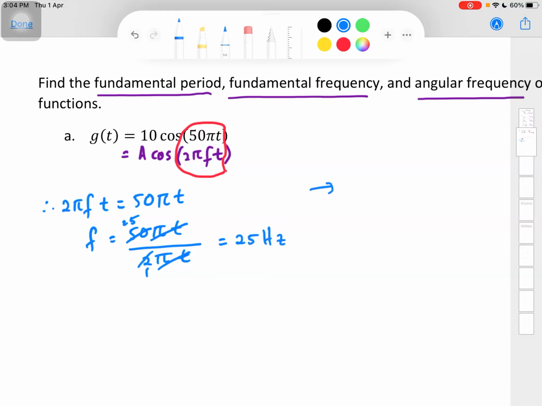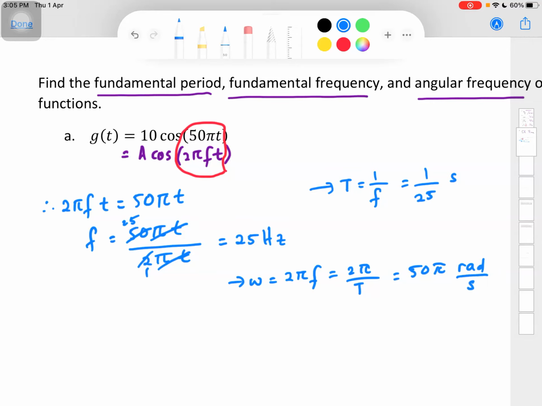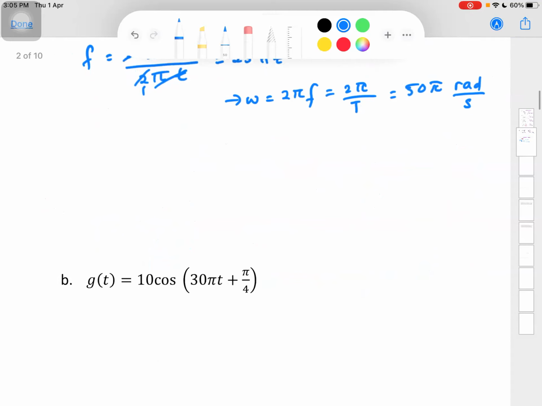So it means the fundamental period, which is 1 over f, will be 1 over 25 second, and the angular frequency, which is 2 pi f, or you can also use 2 pi over T, will be 2 times 25, so it will be 50 pi radian per second.